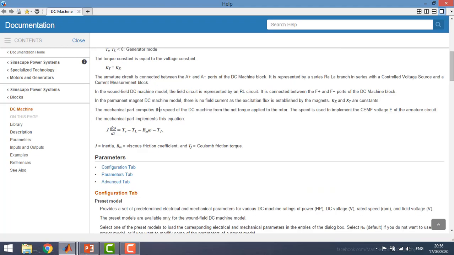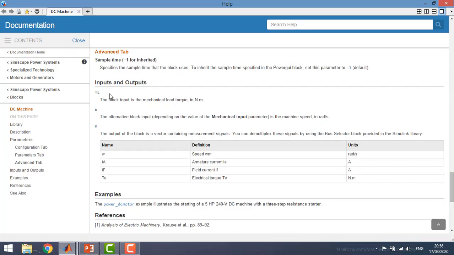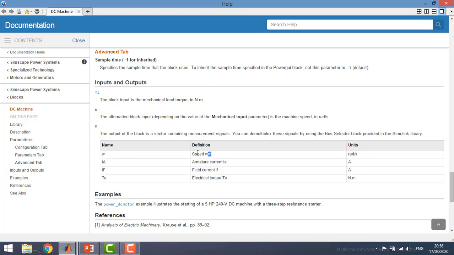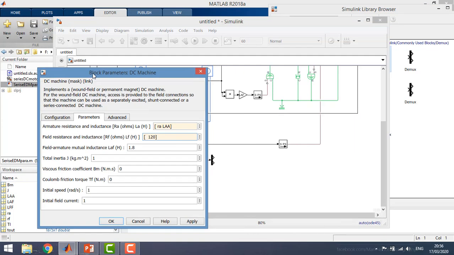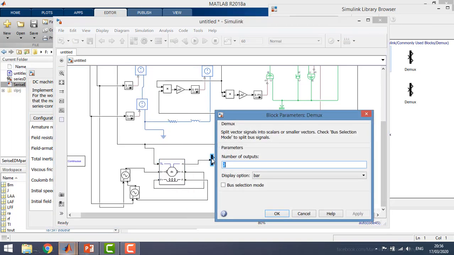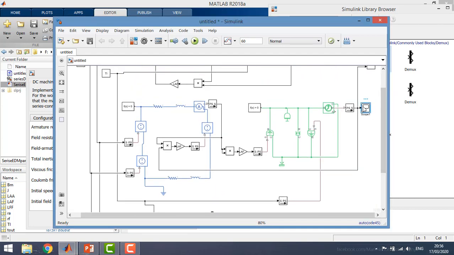Right, so this is the help. So basically we have 4 outputs. So the rotating speed, the armature current, field current, and electrical or electromagnetic torque.